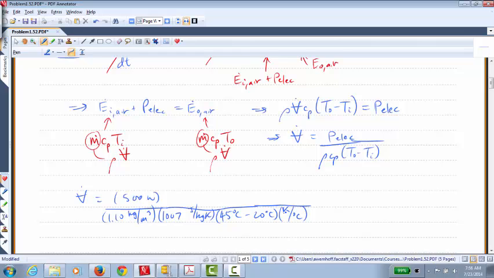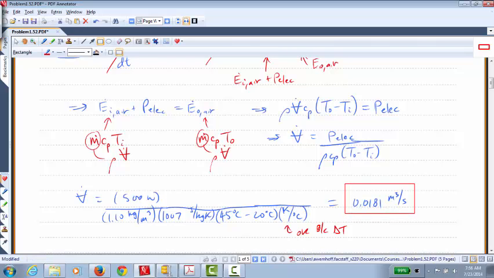So this is okay because of the fact that we have a temperature difference. So if we do the math, what we end up getting out of this is 0.0181 cubic meters per second.